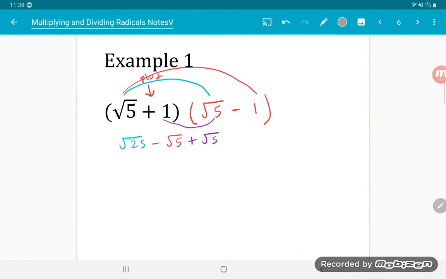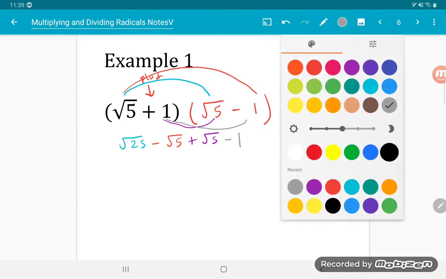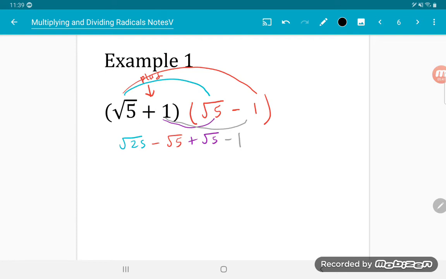And then finally, your last terms are 1 and negative 1, so that gives a negative 1. I wrote these in 4 different colors so that you can see how I am multiplying my numbers. Again, it's just like using FOIL, but you have radicals.